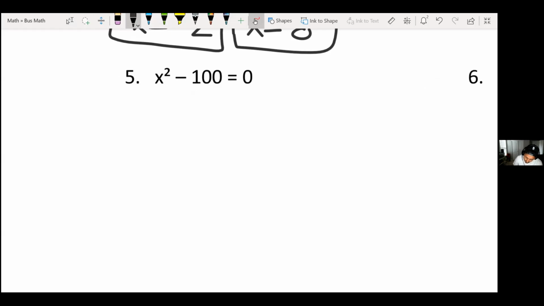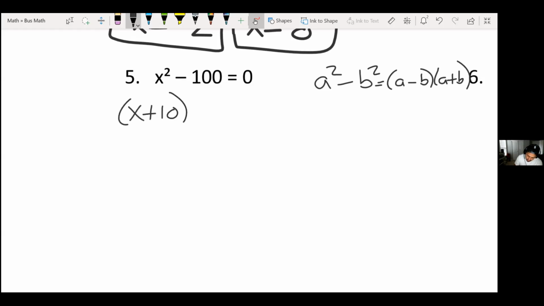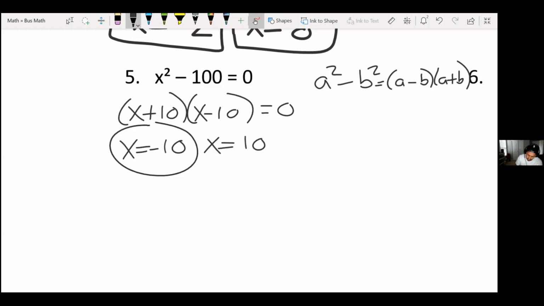Since this is a difference of squares, and I guess I should have written the formula if you don't remember it: a squared minus b squared always factors to (a minus b)(a plus b). Now continue this, you get x plus 10, x minus 10 equal to 0. It's solved. x equals -10, x equals +10. Done, done.